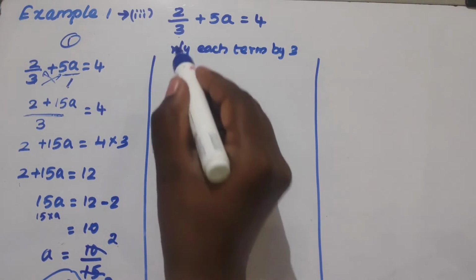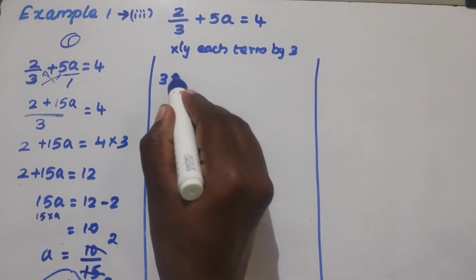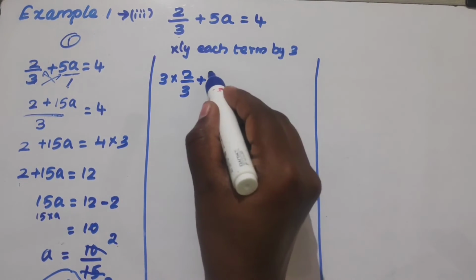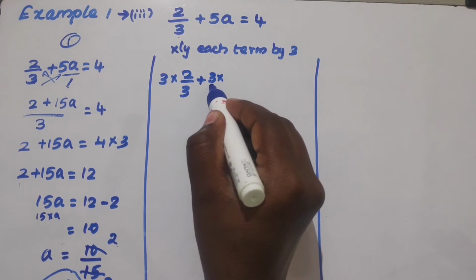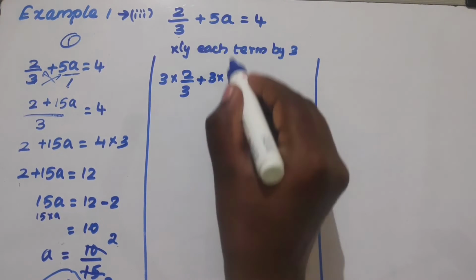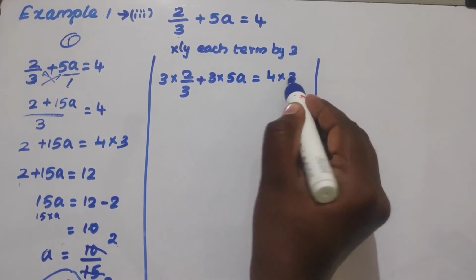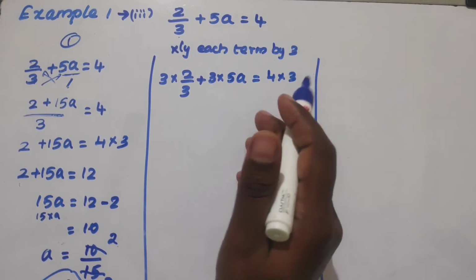First term is 2 by 3, therefore 3 into 2 by 3, plus 3 into 5a, equal to 4 into 3.